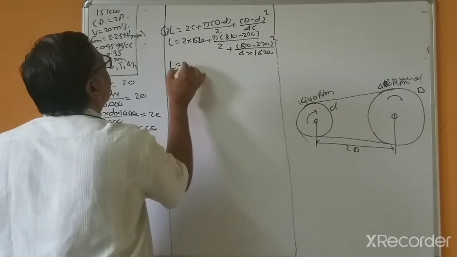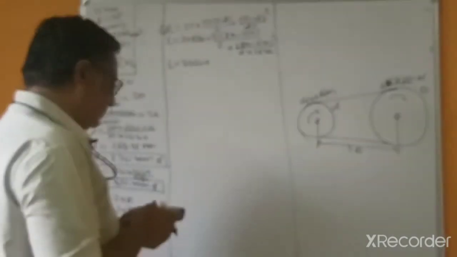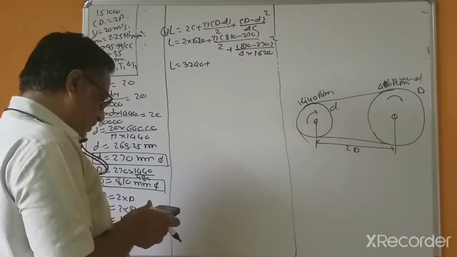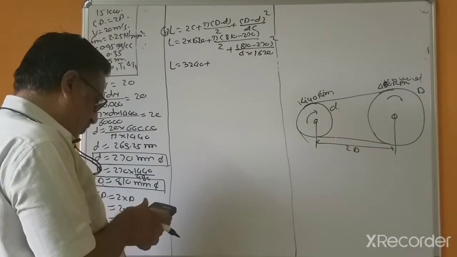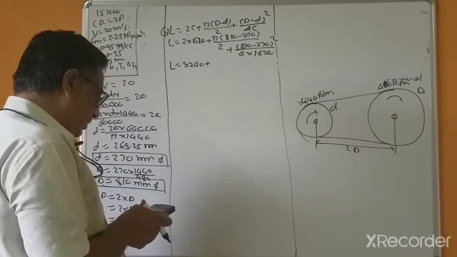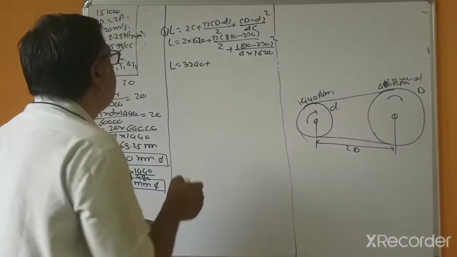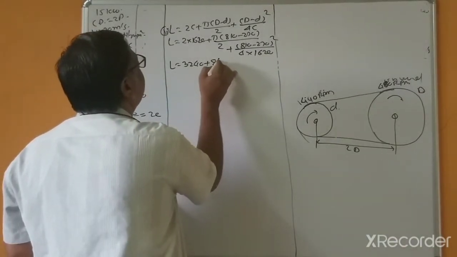This is 3240 plus the second term, 810 plus 270 multiplied by pi divided by 2, which is 848 approximately.